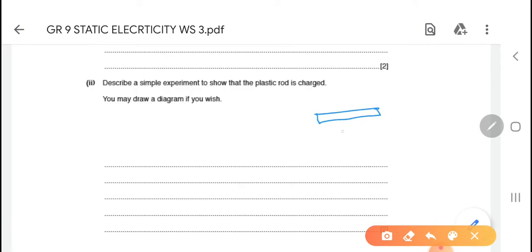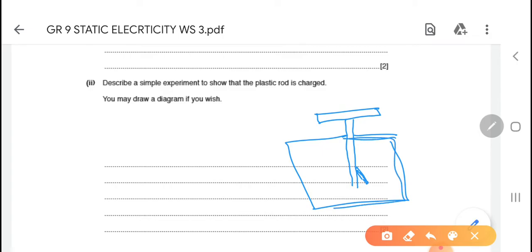The gold leaf electroscope consists of a T-shaped metal rod, and there is a small piece of gold leaf here. It is kept in a box to minimize the effect of deflection due to air, because the gold leaf is very light.